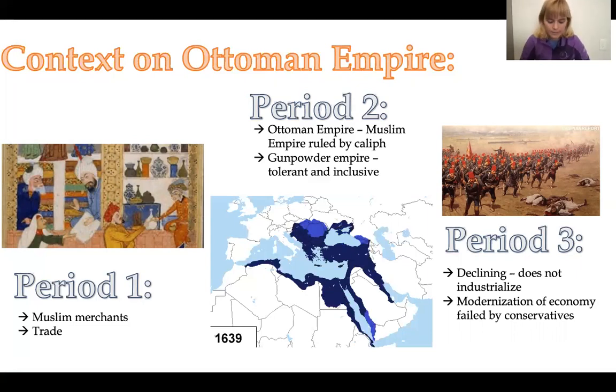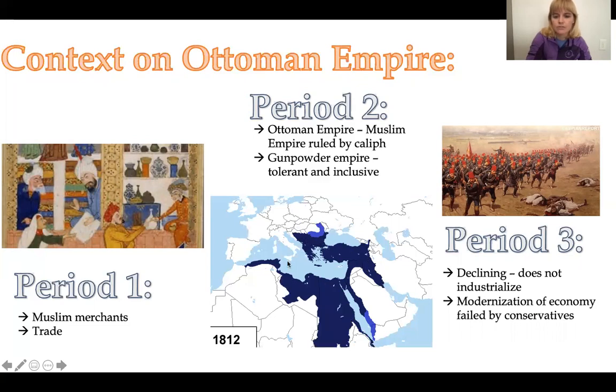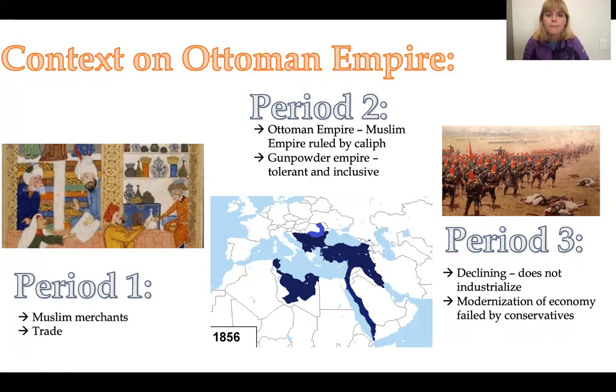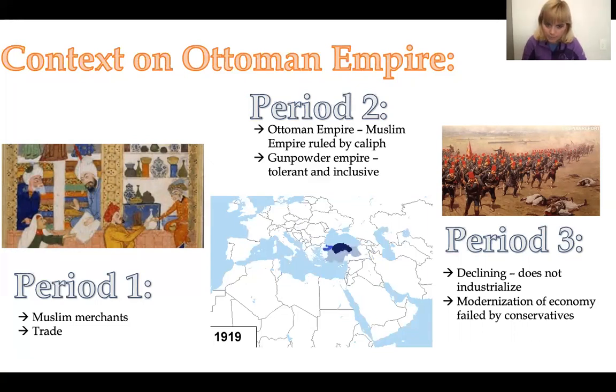The Ottoman Empire is a predominantly Muslim empire, and you can see that from the map, guys. You have large chunks of the Middle East and Northern Africa. These are parts of what becomes the Ottoman Empire. But just because the empire is run by a Muslim leader called the Caliph doesn't necessarily mean that all of the subjects are Muslim.